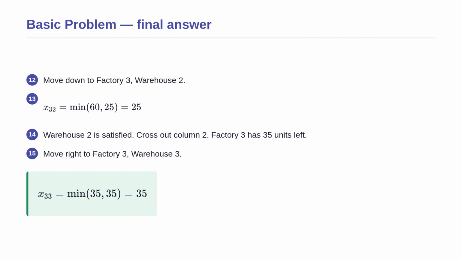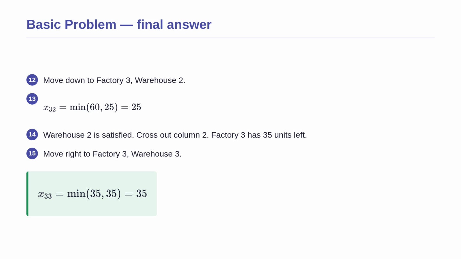We are almost done with our initial plan. Moving down again, we arrive at Factory 3 and Warehouse 2. Factory 3 has a large supply of 60 units, and Warehouse 2 only needs 25 more. We allocate 25 units, completely satisfying Warehouse 2, and cross out the second column. Factory 3 has exactly 35 units left.